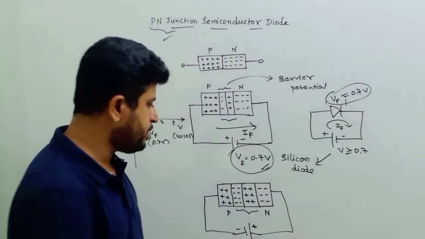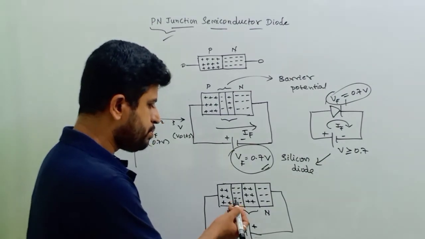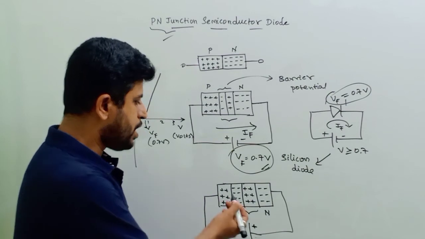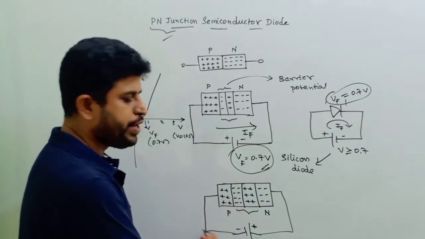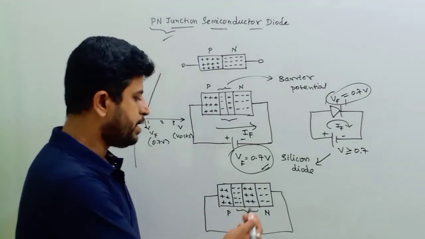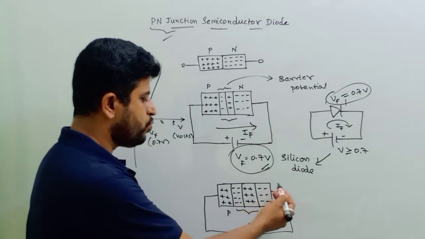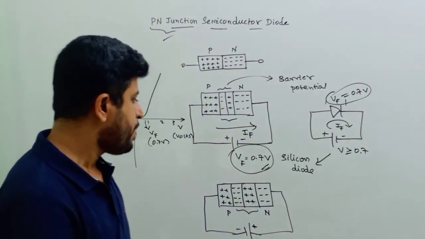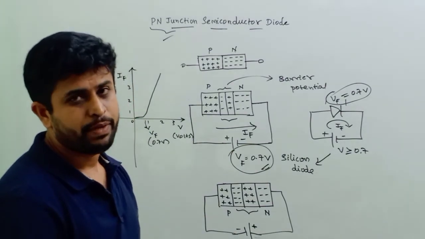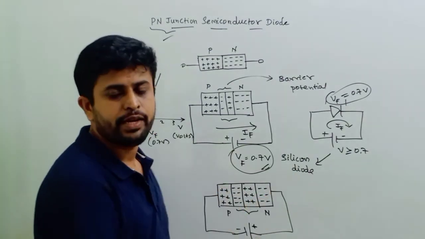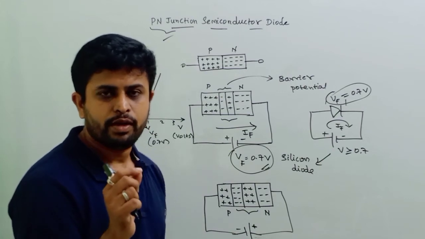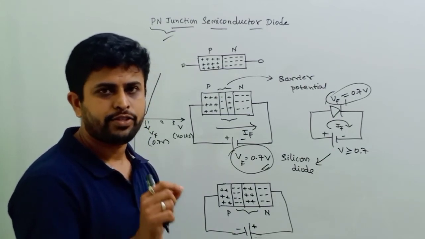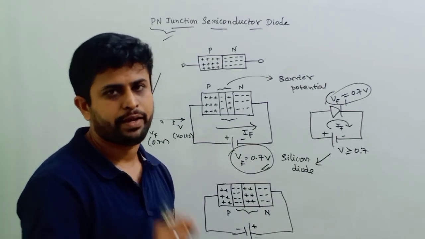So when we connect this negative to the P region and positive to the N region, the charges in P start moving towards the negative terminal, and the charges in N start moving towards the positive terminal. Okay, and what happens to the depletion layer? The width of the depletion layer expands because the field which is applied now is along the direction of the internal field of the barrier potential.